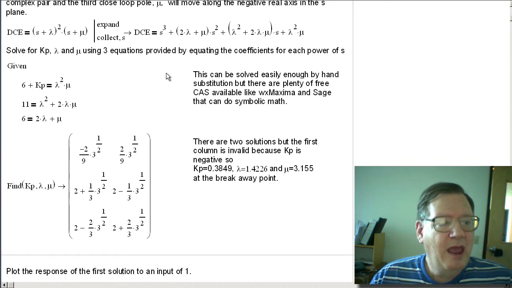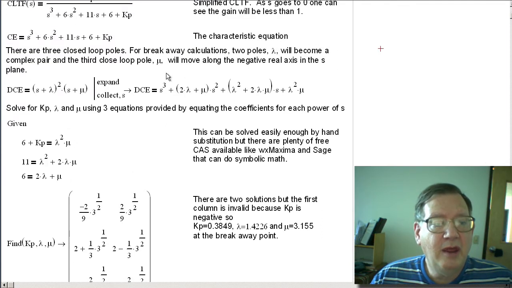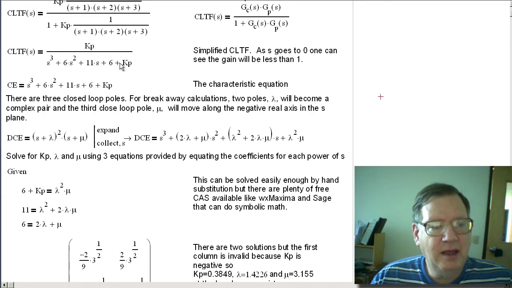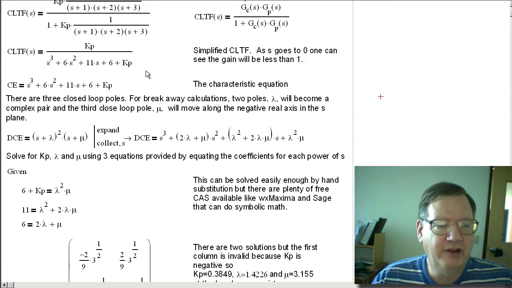and what I need to do is equate the powers of s for the desired characteristic equation and the closed loop characteristic equation, so that I have 3 different equations with 3 different things to compute.